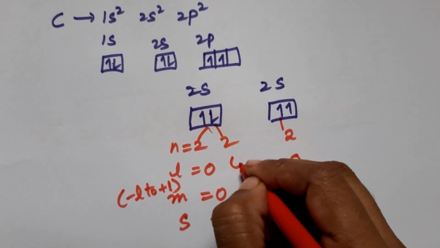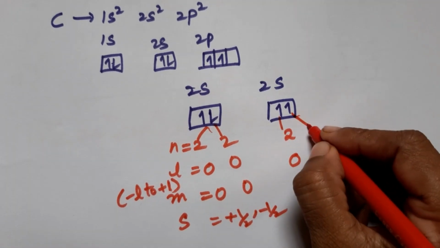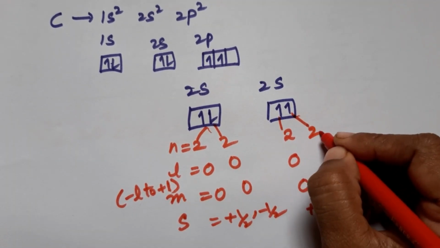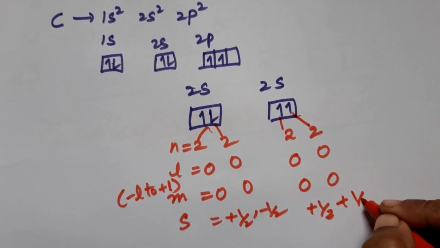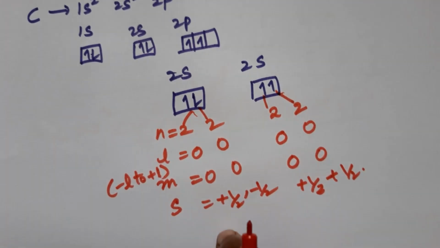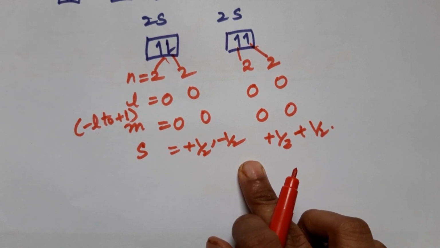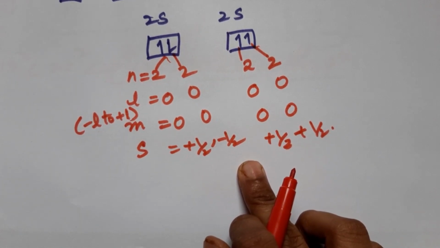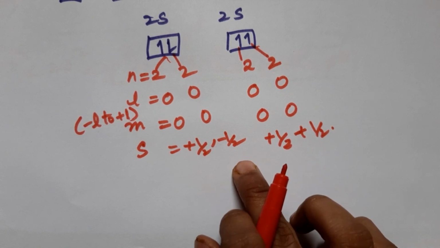Here 2, 0, 0, minus half. But for this electron, it is having 2, 0, 0, plus half. So one is in clockwise direction and another is in anti-clockwise direction. Here all 4 values for the 2 electrons are different, hence it is stable.